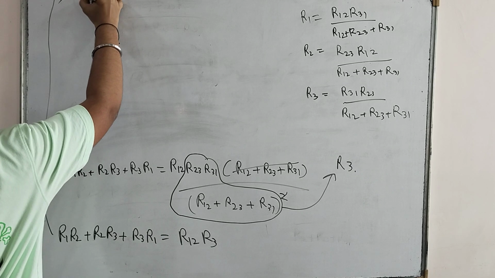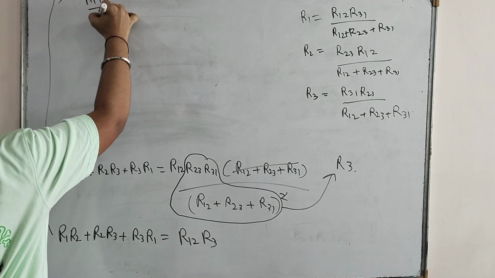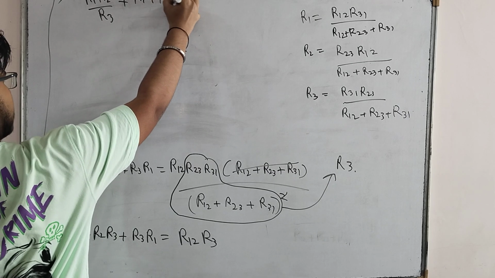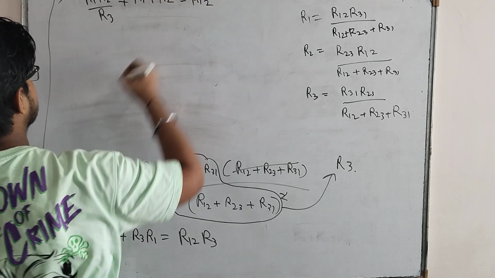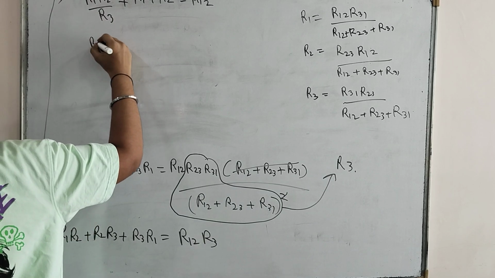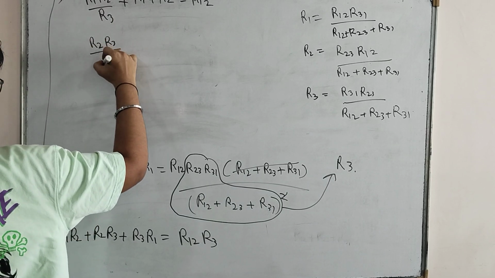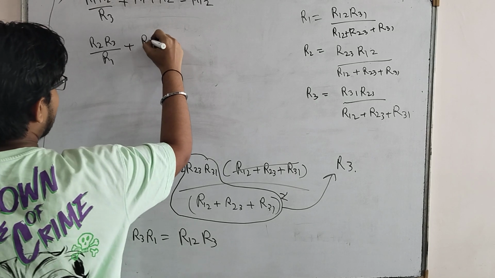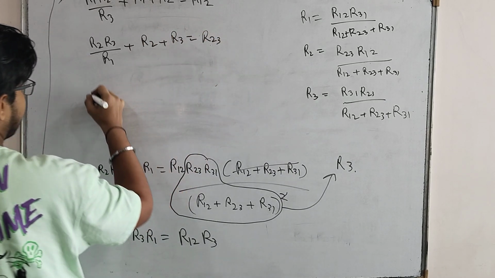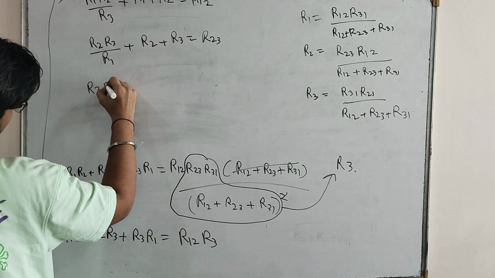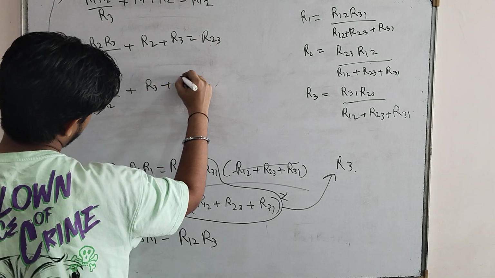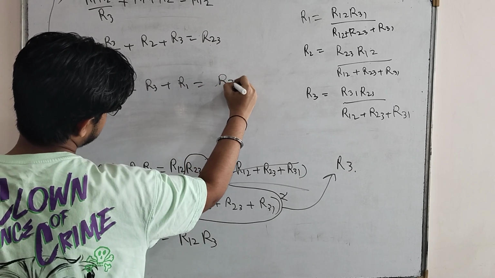So we will get R1 R2 upon R3 plus R1 plus R2 is equal to R12. This is our first formula. Likewise, we can also derive R2 into R3 whole divided by R1 plus R2 plus R3 is equal to R23, and R3 R1 whole divided by R2 plus R3 plus R1 is also equal to R31.